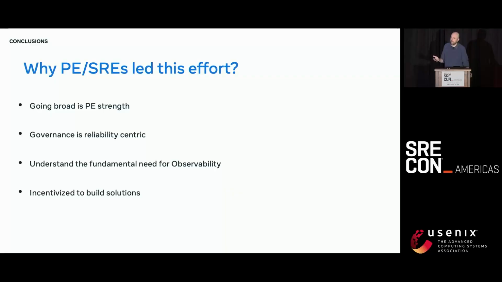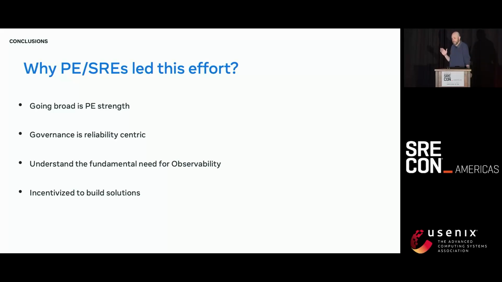This is something that we care about a lot as a group, I hope. And so taking this approach of how we can do this governance in a way that drives increased reliability is something that's well suited for this set of folks. There's also the fundamental need for observability, which is sometimes difficult for product teams to drive for, right?